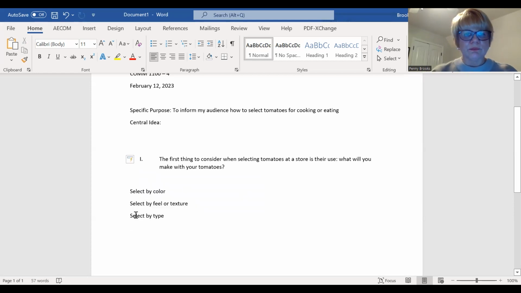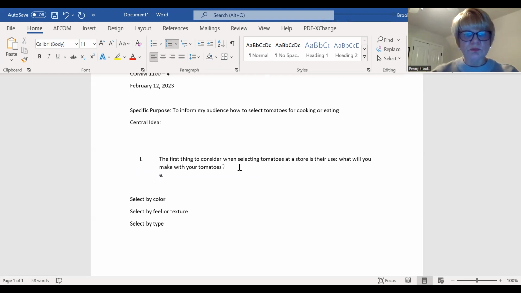And part of the way I'm going to talk about this is by type. Whoops, now see, Word will assume it knows what you're doing, so you can't just let it take the lead. You have to take the lead. So I know what comes next is a capital letter.